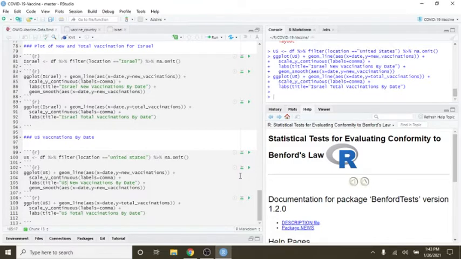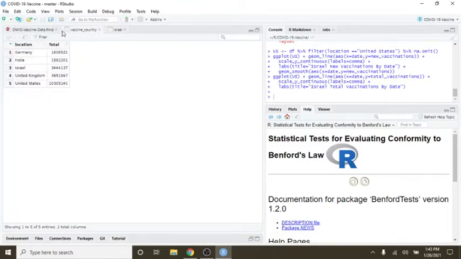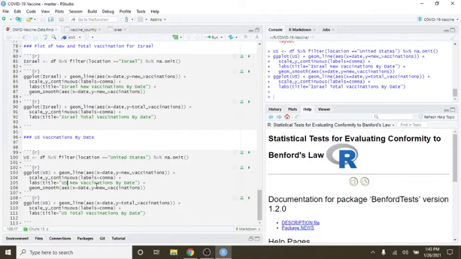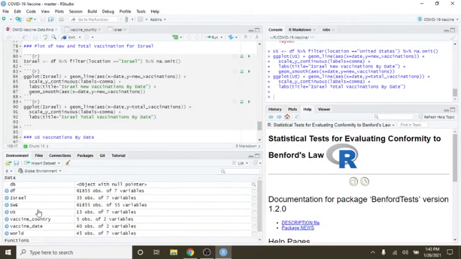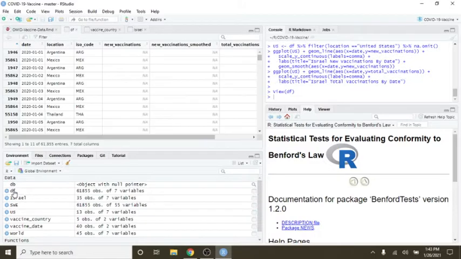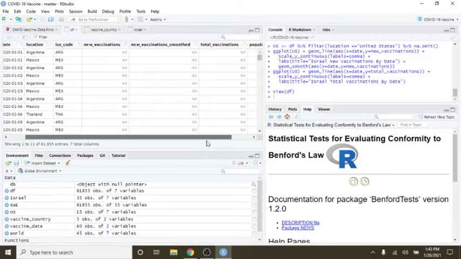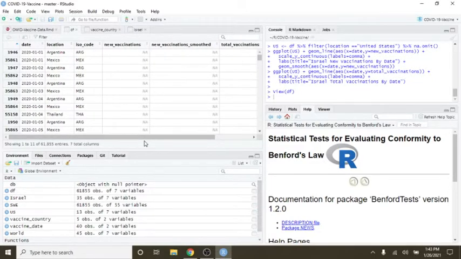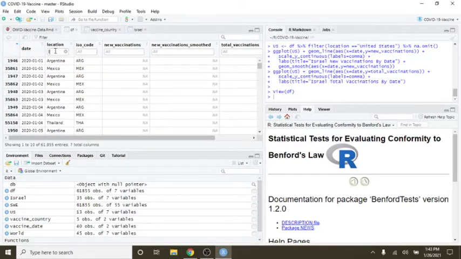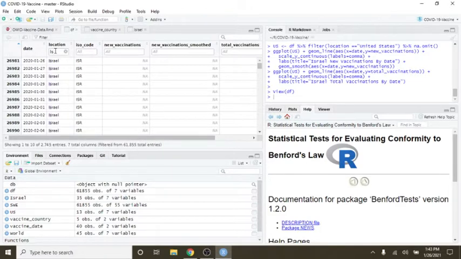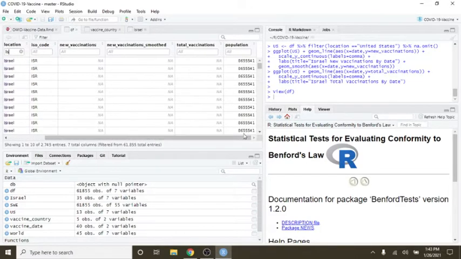Okay, let's just come back over to vaccine country. Let's look over here. Did I have population over here someplace? Okay, so they come up here. Israel population is this.